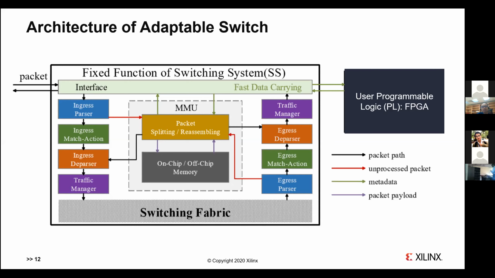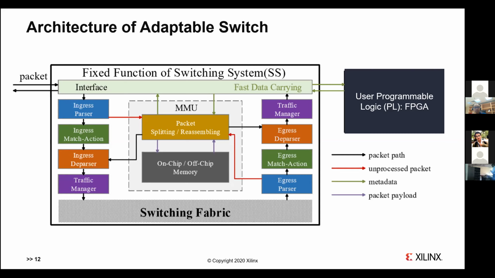So we need to interconnect the switching system and the programmable logic system. Based on the real trace, it is not necessary for us to transfer all the data from the switching system to the programmable logic system. Usually, only a small portion of the traffic needs to be processed by some customized logic.